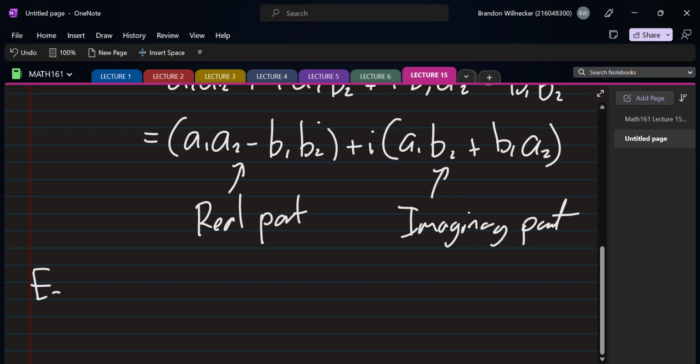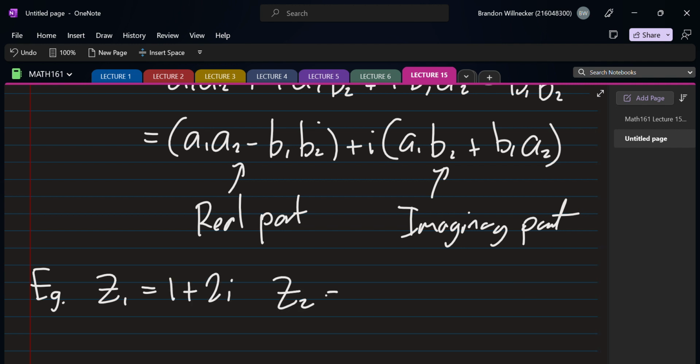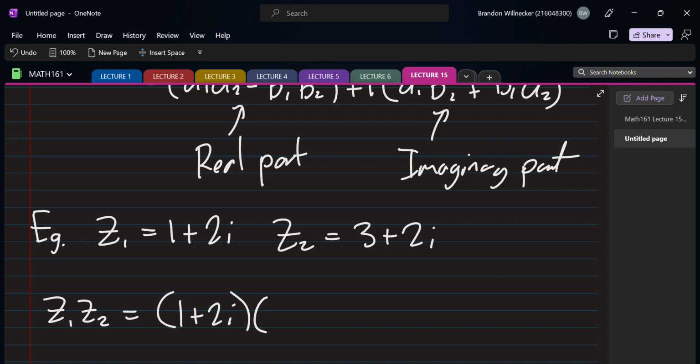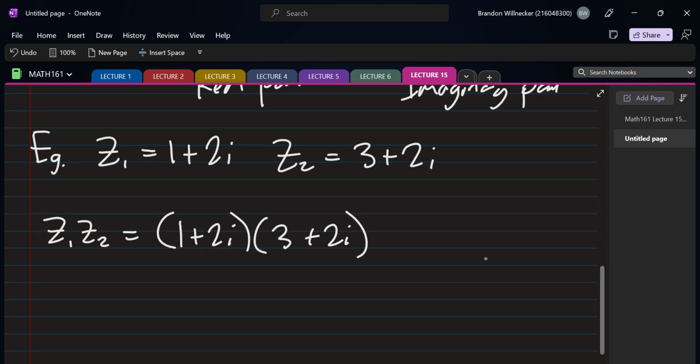Okay, let's have a look at an example with some actual numbers. So let's say z1 is 1 plus 2i, and z2 is 3 plus 2i. We want to multiply them. So z1 times z2, we can put these in brackets. 1 plus 2i, 3 plus 2i. And then we just distribute as we would with any other numbers.